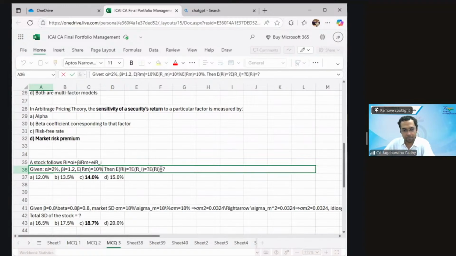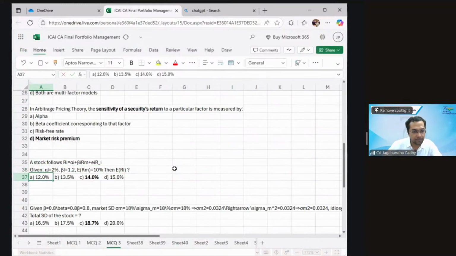Then what will be the expected return of the security? So we have the equation over here. We have the alpha, beta, and expected return of market values. Can we calculate the expected return of the security?